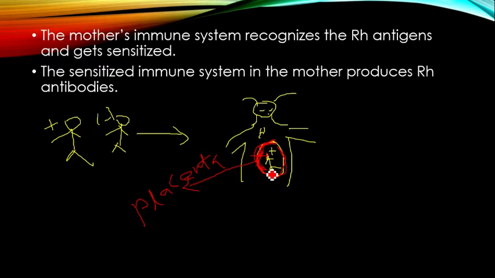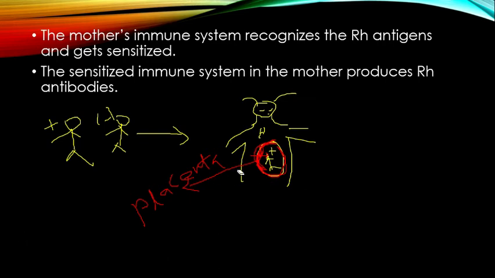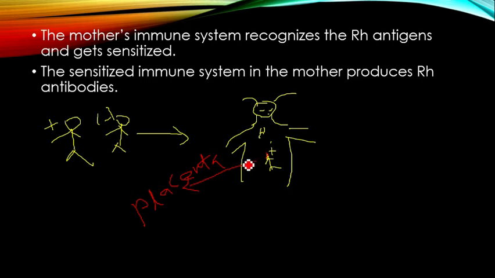See, after the nine months of pregnancy, during the delivery of the first fetus, that is the positive fetus, there is a chance of rupturing of the placenta. During the first delivery, what happens? The placenta will get ruptured.